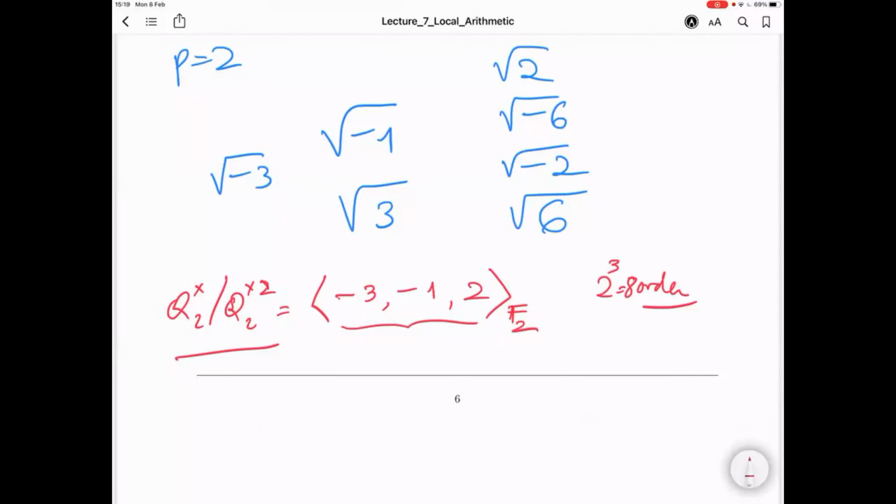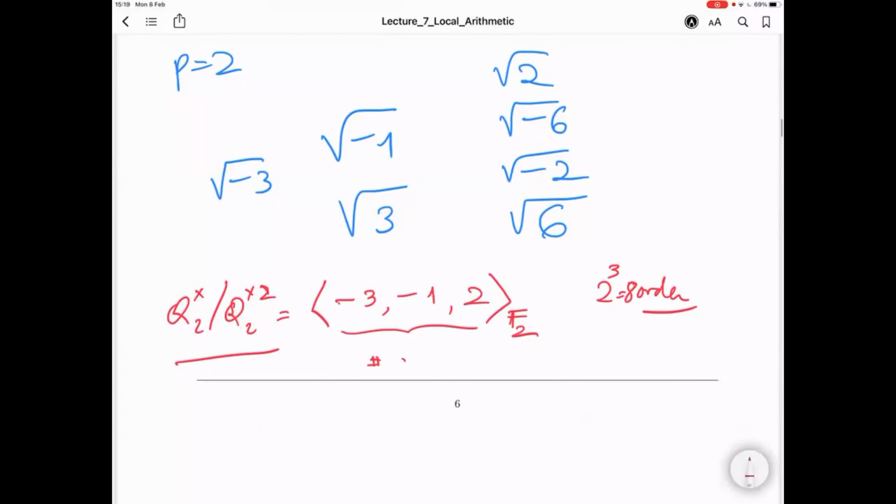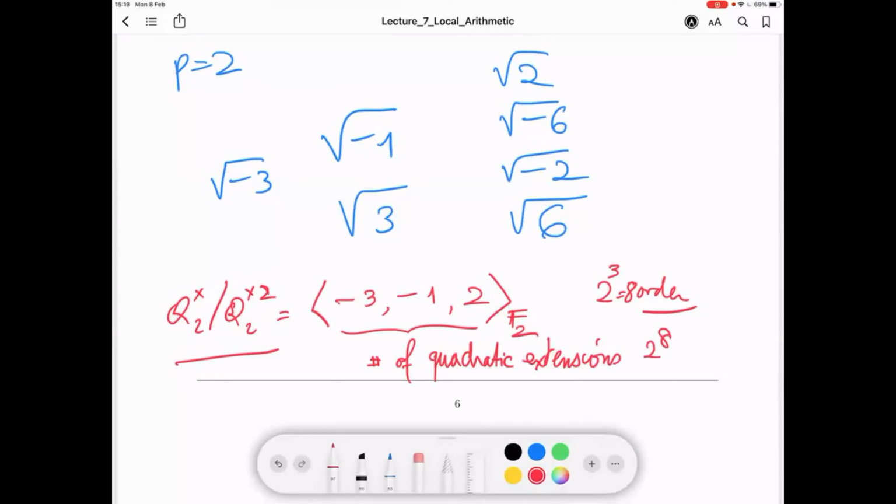And so the number of quadratic extensions is 2 cubed minus 1, which is 7.